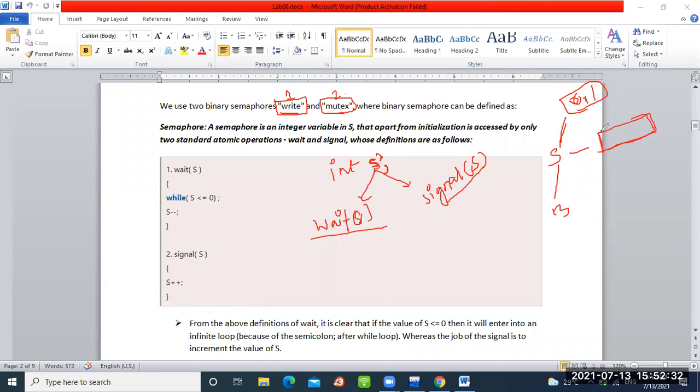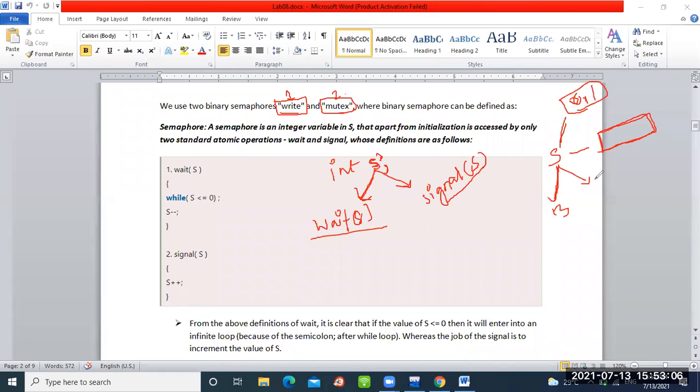The second special thing is that this S can only be used to operate these two functions. The first function is wait of S, and the second function is signal of S. Your semaphore will work only on these two functions. But if S is a binary semaphore, semaphores are of two types.